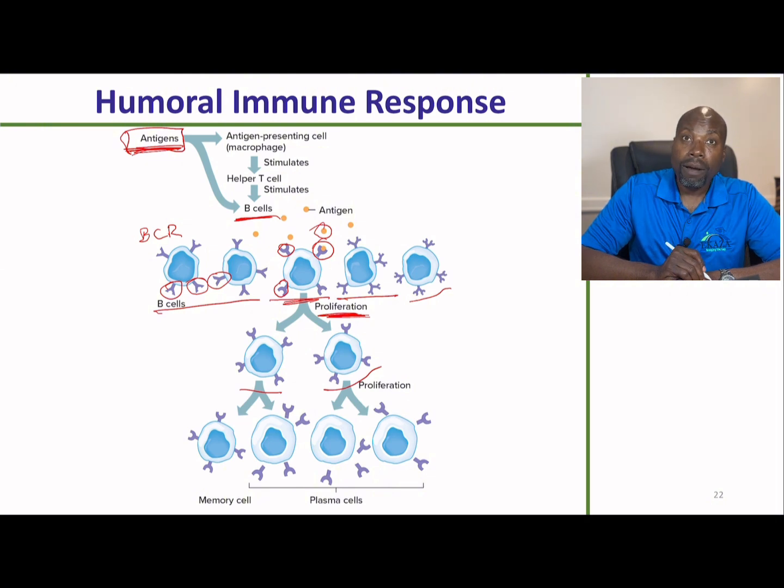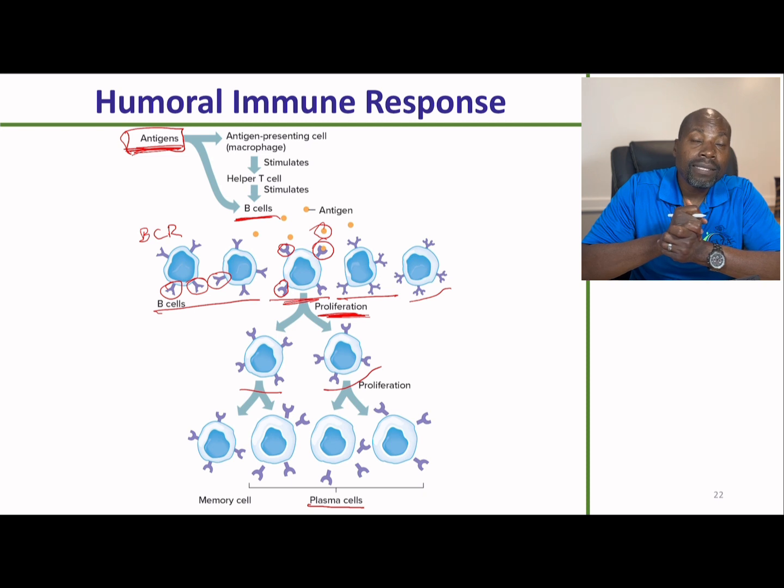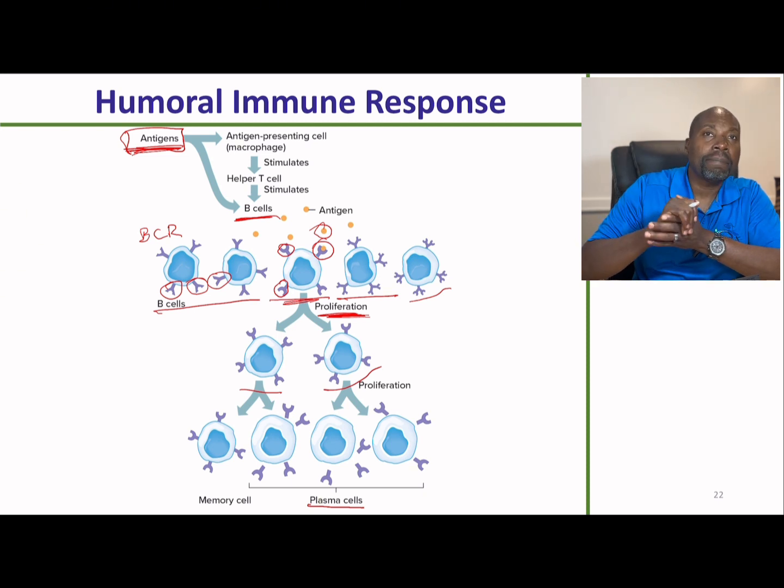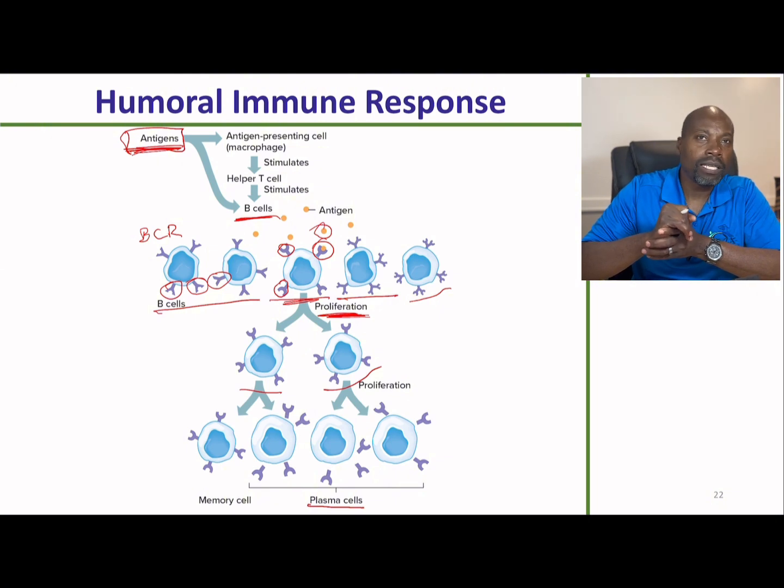Some of these B cells are going to become plasma cells. These plasma cells are B cells that are releasing their receptors. At that point, they are not called B cell receptors anymore. They are called antibodies. Okay?